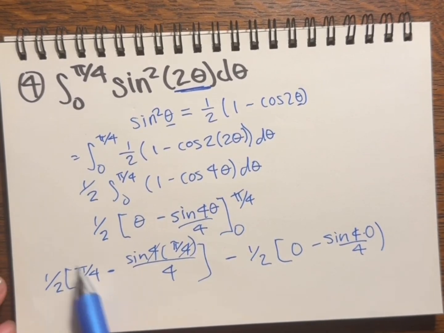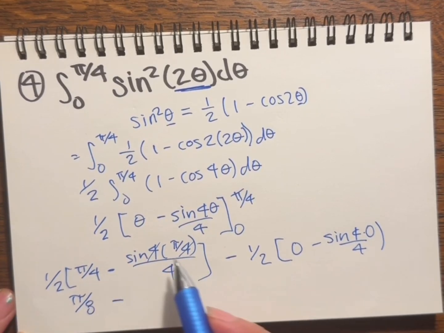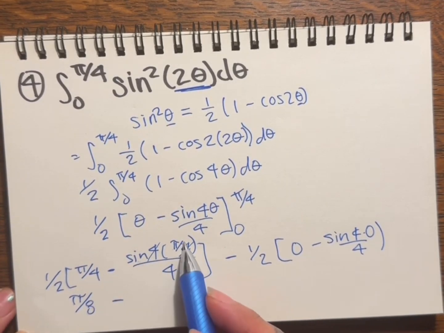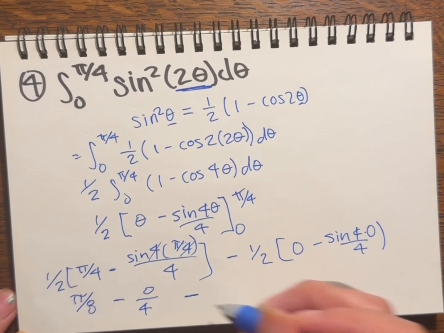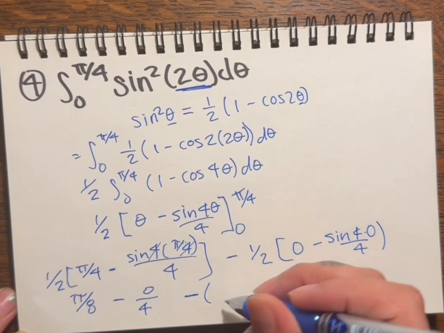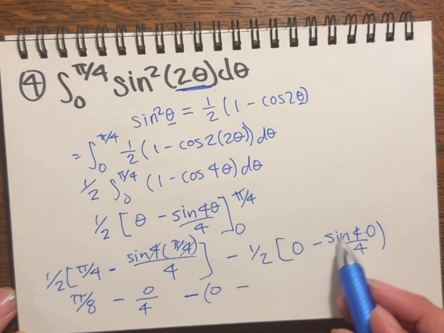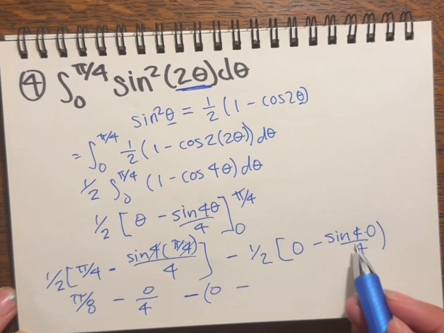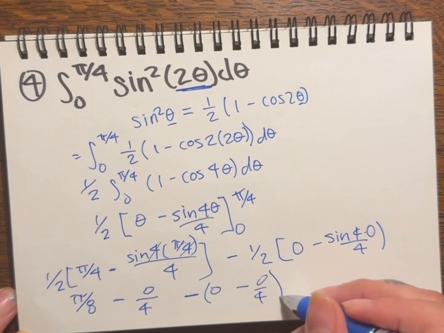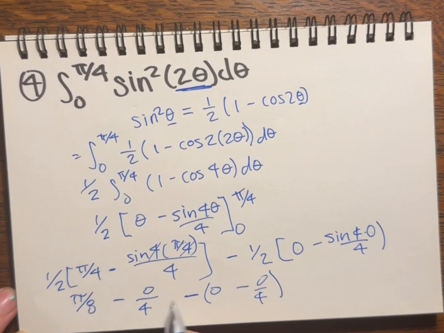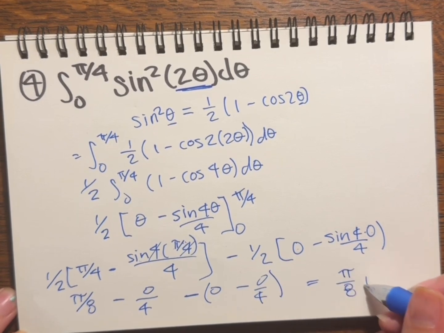So this 1/2 times pi over 4 is pi over 8 minus sine pi. Sine pi is 0, so 0 over 4. Minus 1/2 times 0 is 0 minus sine 4 times 0, sine 0 over 4. Again, sine 0 is 0. So you just have pi over 8 minus all these zeros, which is going to be pi over 8.